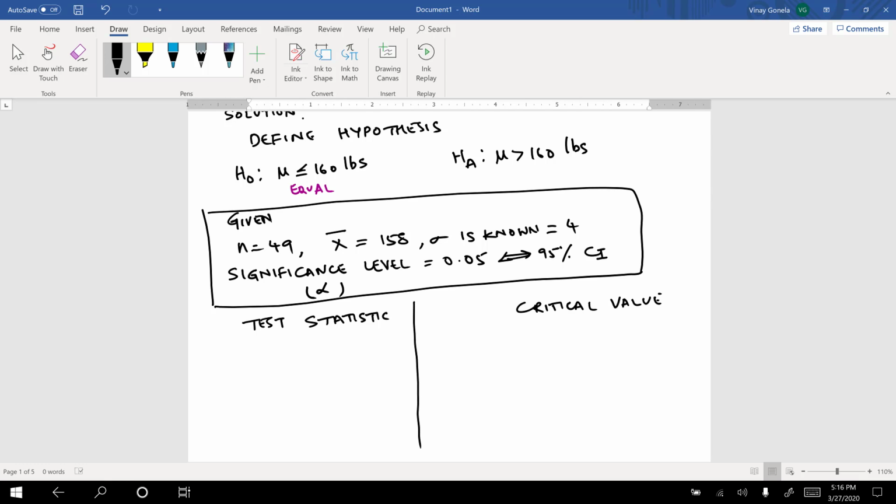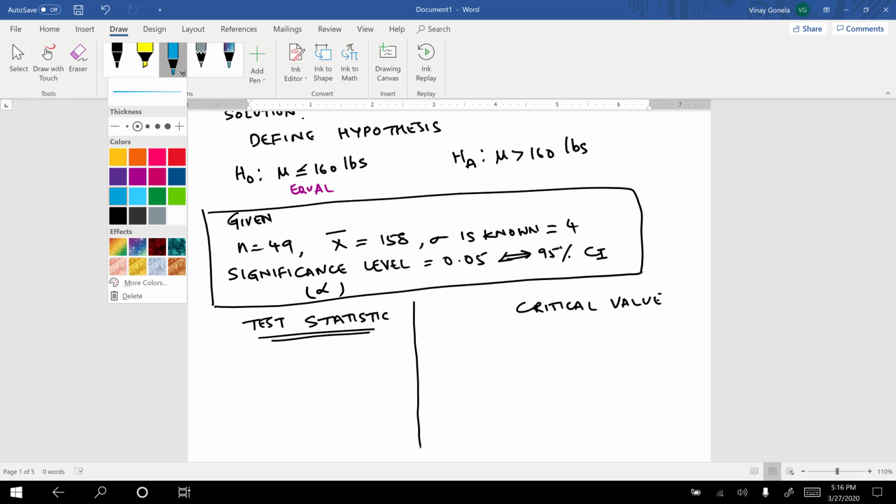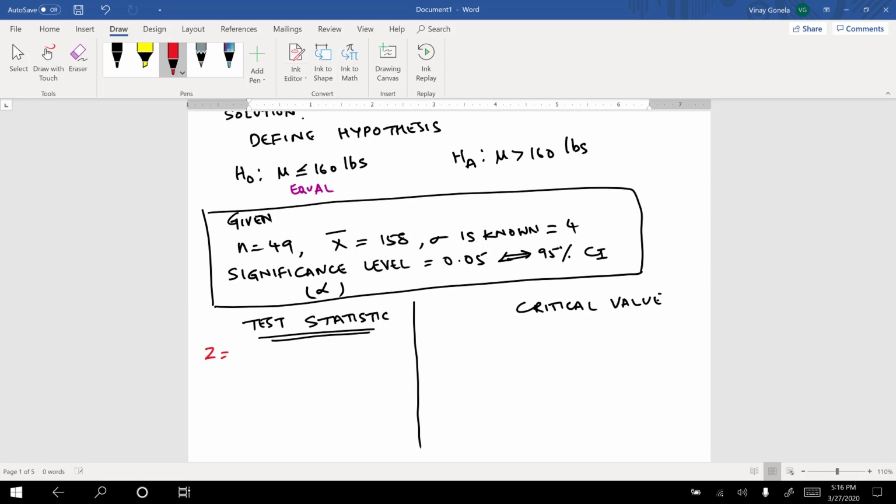The z test statistic formula would be z is equal to x bar minus mu over sigma by root n.